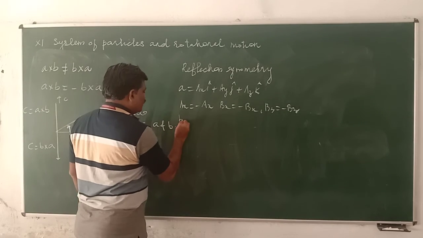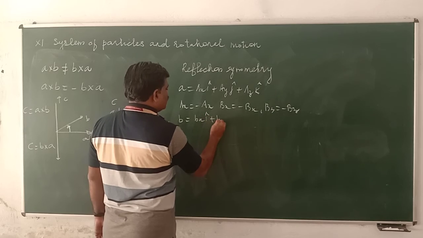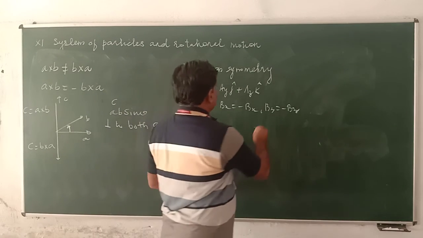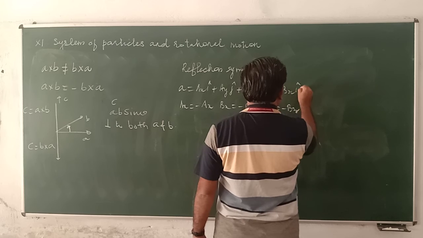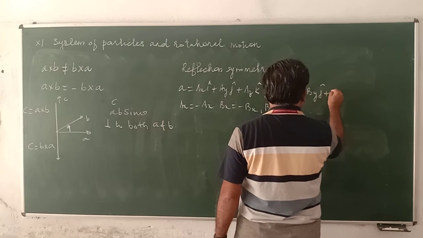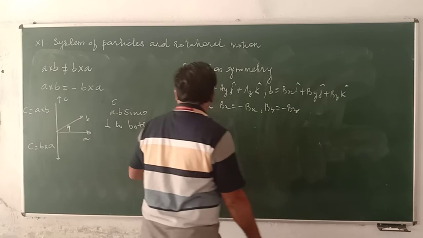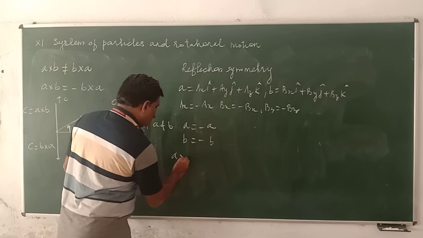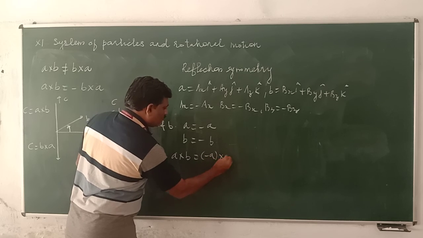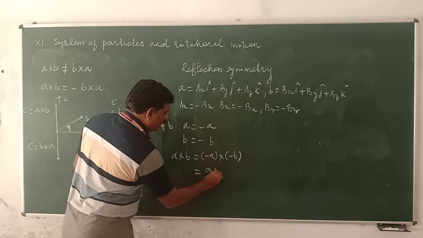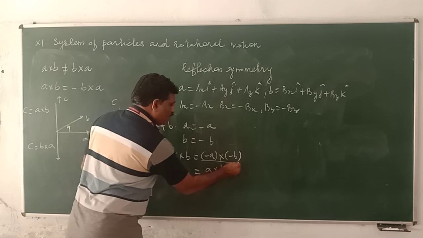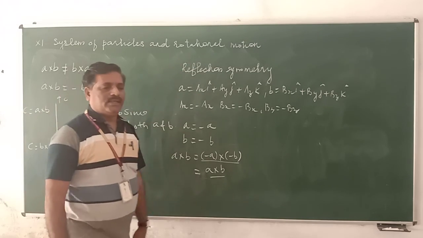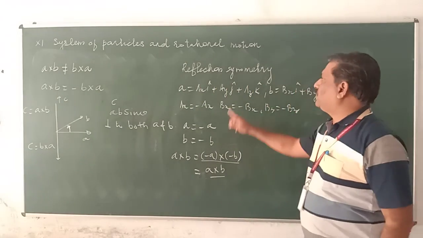Then B is equal to Bx i plus By j plus Bz k, and similarly each component is replaced by its negative. So A became minus A, and B became minus B, and then A cross B is equal to minus A cross minus B, which will be A cross B. So if minus A cross minus B is equal to A cross B, it means that the vector product has reflection symmetry.